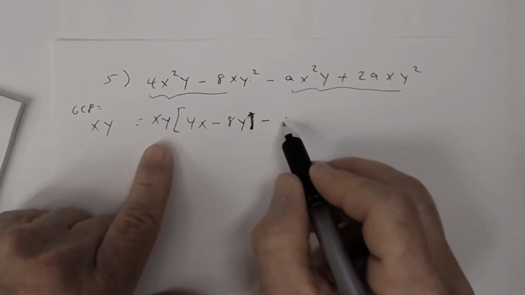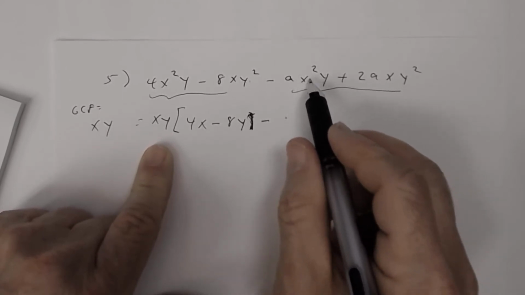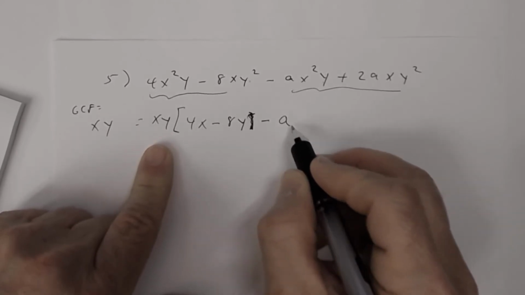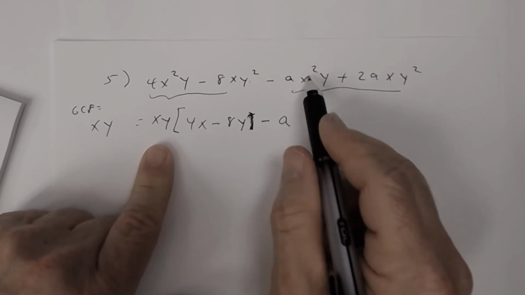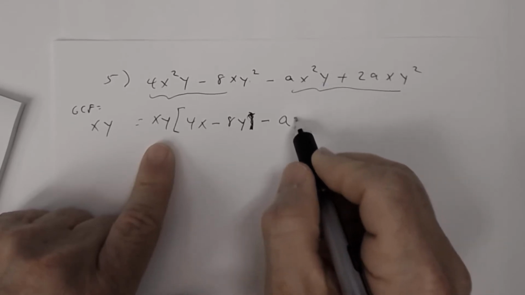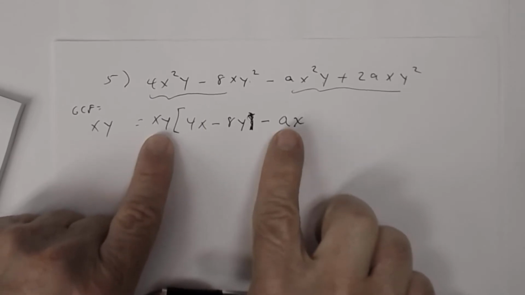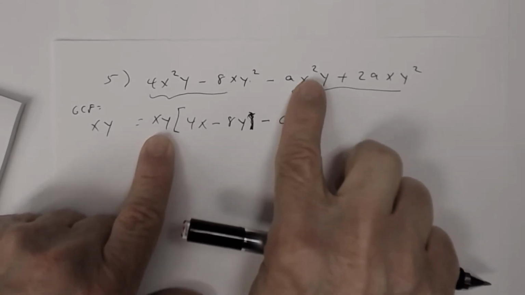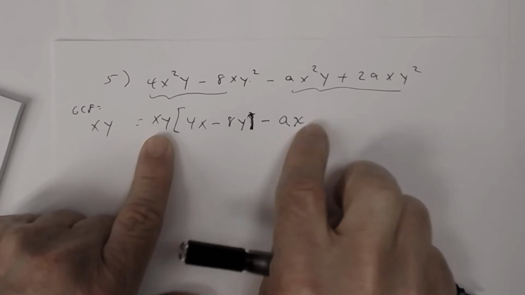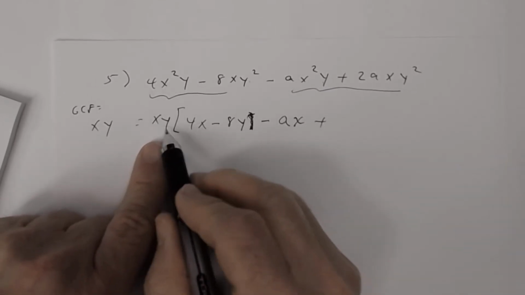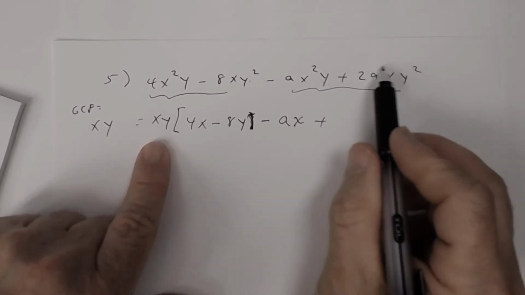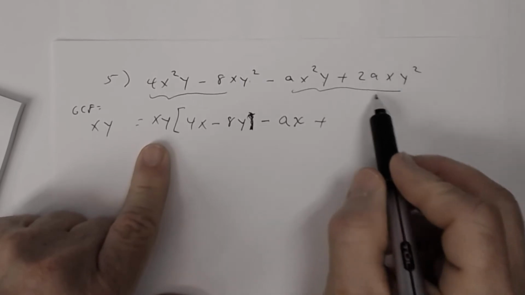So xy times what is ax squared y. So there, I need an a. I need an x, and I already took out a y. So always check. xy times ax. Does that give me this back? Yes, it does. All right, and then plus xy times y gives me 2axy squared.